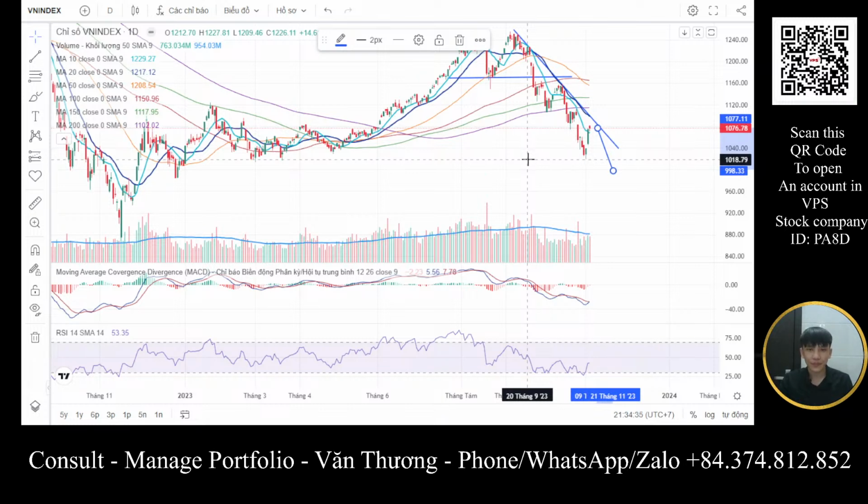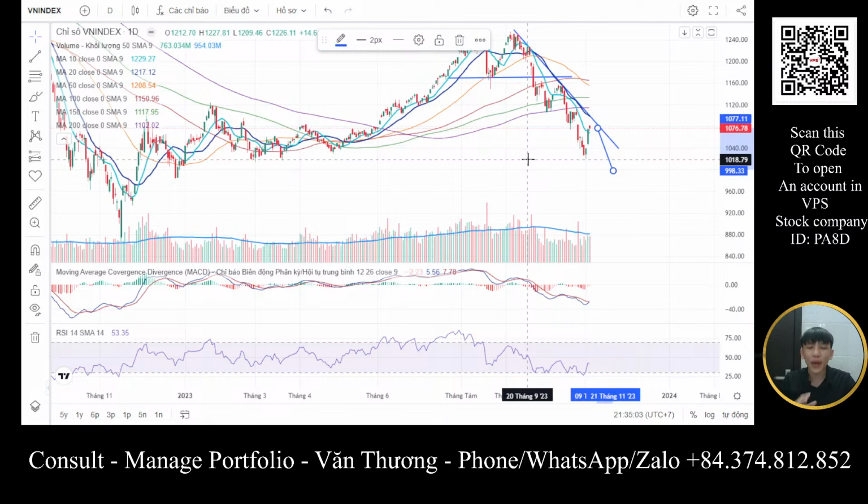Okay, and I just want to say the Vietnam stock market is a good place, a good market. And whether the Vietnam stock market goes to the emerging market, a lot of money from investors is pouring into the Vietnam stock market, right?